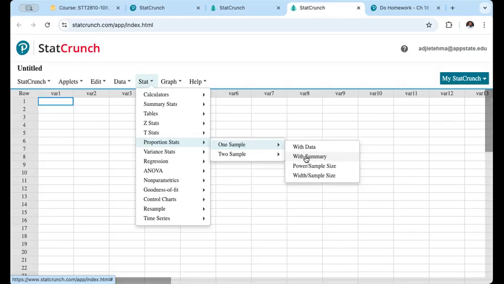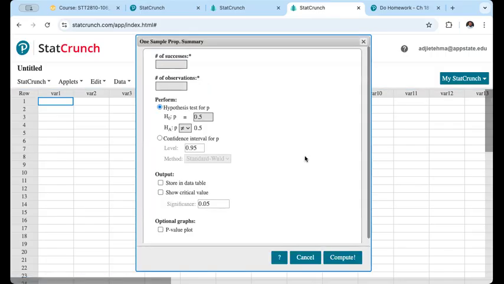Is that okay? So I click on that. What is the number of successes? In our example, the number of successes is 61. The number of observations is 90.